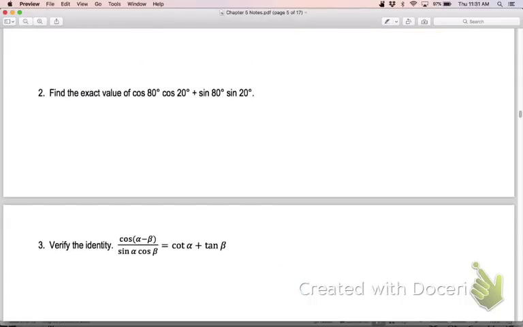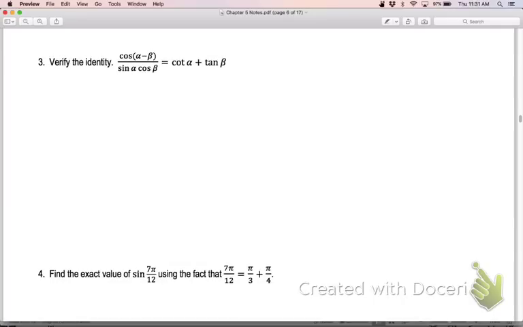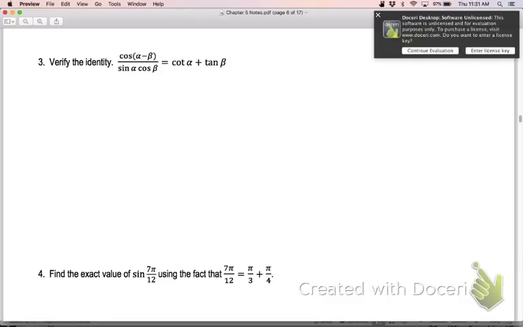All right. So we can use this to verify identities as well. So these are, we're kind of adding on to whatever we've got. So I have the cosine of alpha minus beta divided by sine alpha cosine beta, and we want to show that that's equal to the cotangent of alpha plus the cotangent of beta. So here's how I would run through this one.